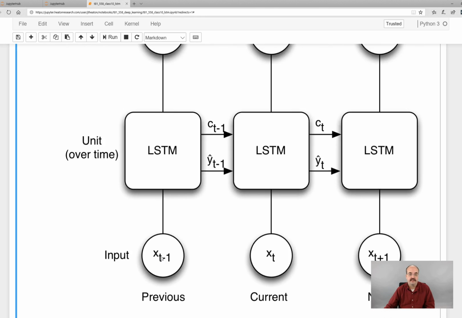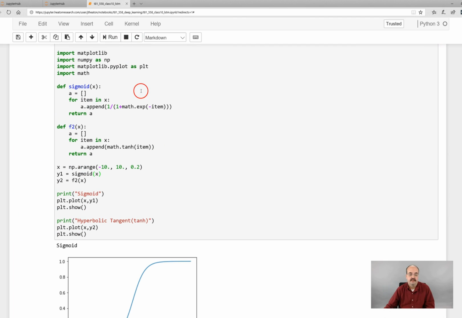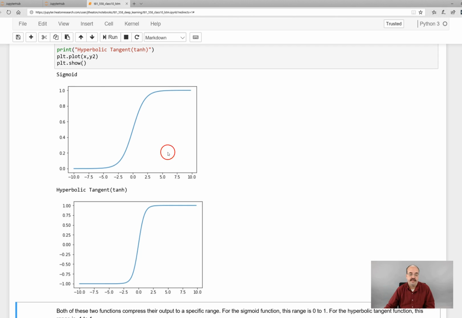Before we talk about sigmoid and tanh, let me show you that. Notice the shapes of these. This is a sigmoid function. It goes from 0 to 1, and it clamps these values. So if it's very negative, it clamps it to 0. It's a step function. It's very positive, it clamps it to 1. Hyperbolic tangent, and by the way, this has nothing to do with trigonometry.